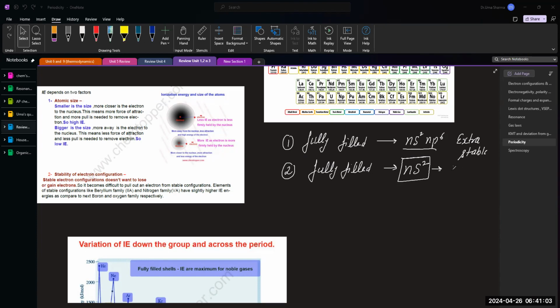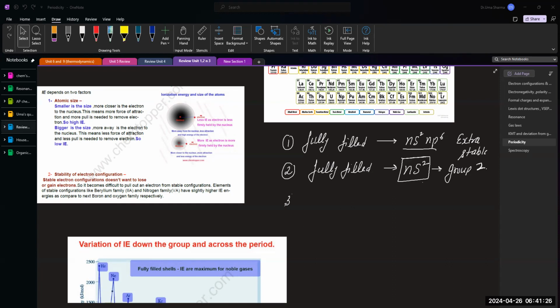Yes, group 2. Very good, Afan. This is group 2. Perfect, Afan. I'm very happy that you are working really nice now. Okay, so ns2, group 2. Children, is it okay with all of you? So please practice general configuration of s block and p block.